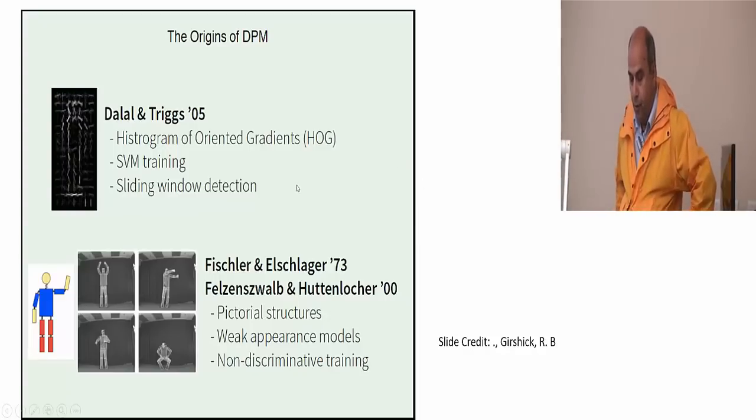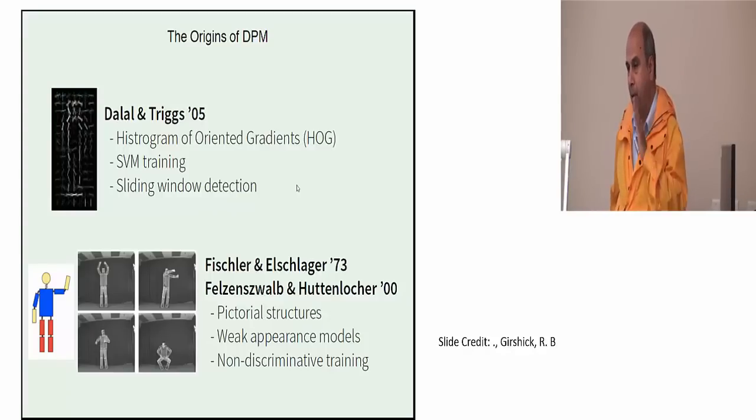And so in this model, the parts of the humans are also modeled. So that's why it's called deformable part model. And these parts can deform in a way that the distance between parts, or the distance from a root or torso to the parts, can change, deform, depending on the pose of the person.